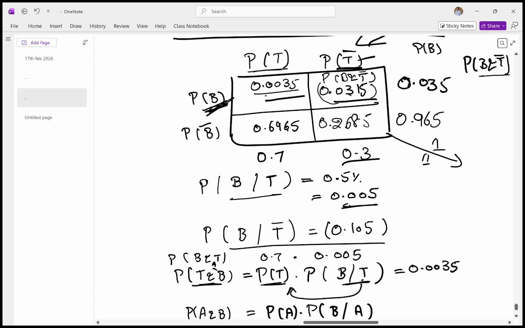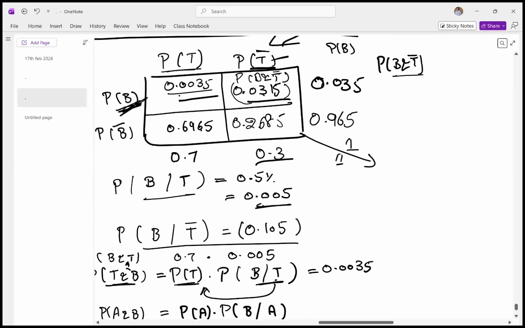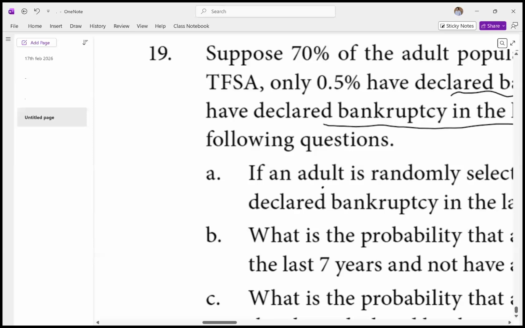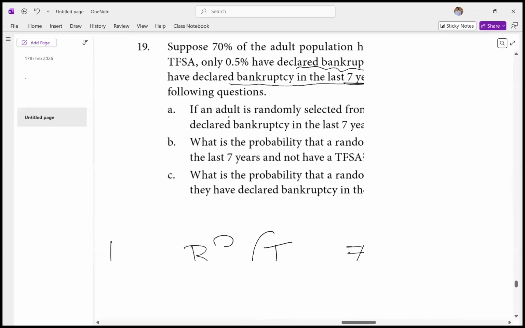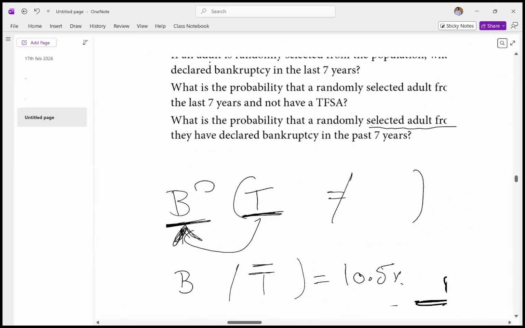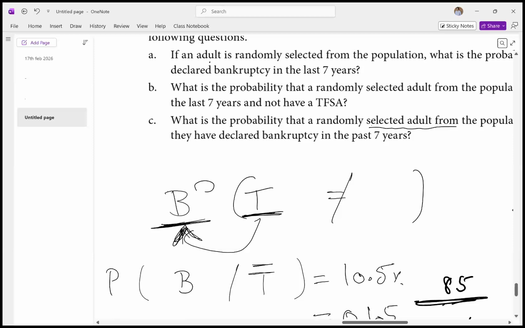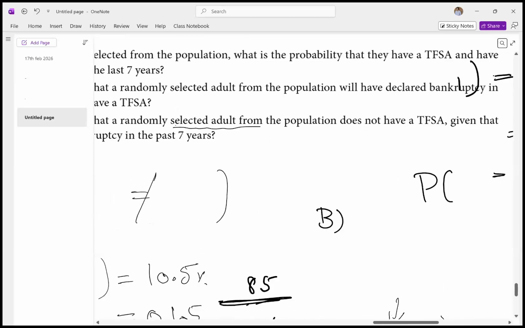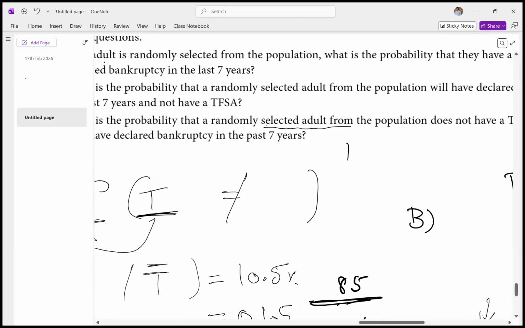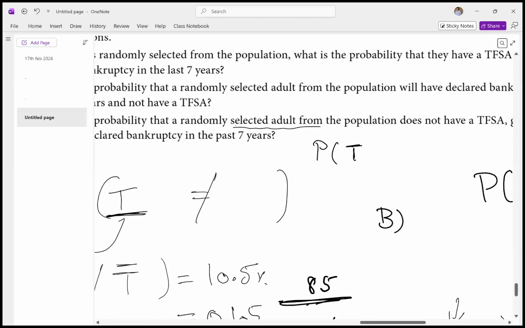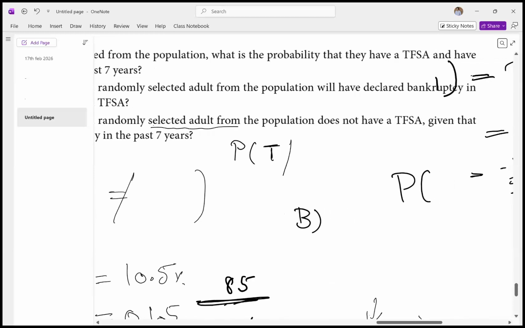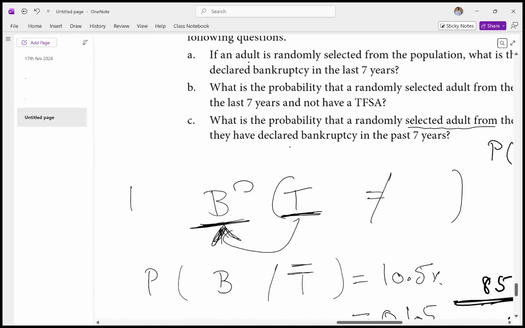Now portion number 3. What is the probability that a randomly selected adult from the population does not have a TFSA, given that they have declared bankruptcy?